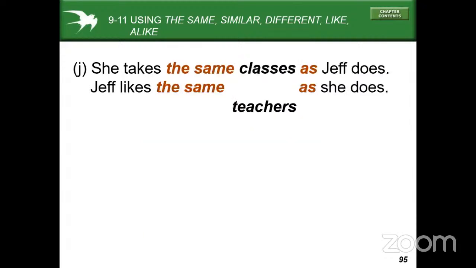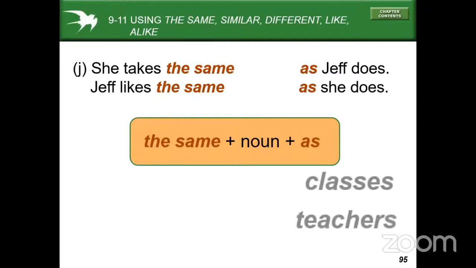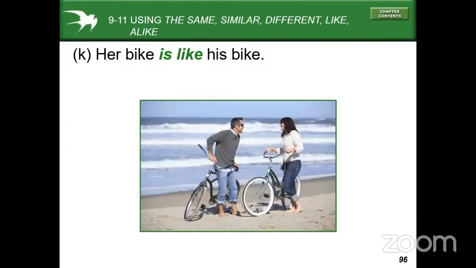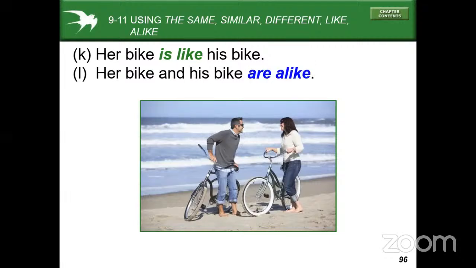She takes the same classes as Jeff does. Jeff likes the same classes, the same teachers as she does. Her bike is like his bike. We use like, right? Her bike and his bike are alike.